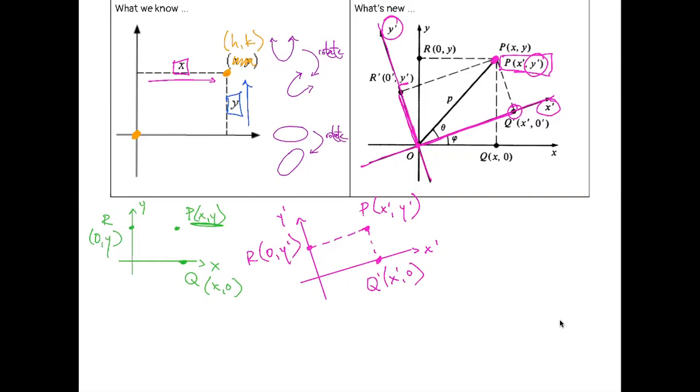Both the green and the pink describe the same point, but sometimes it's hard if we keep things defined in a regular x and y plane. And so if we rotate them, then we end up with a situation where it's going to make our graph easier. Okay.